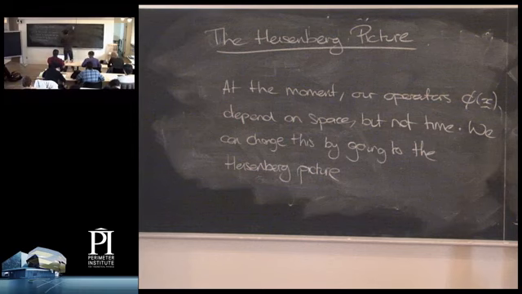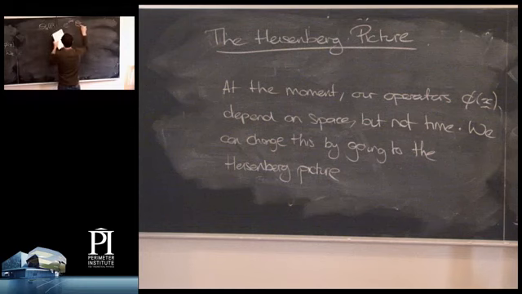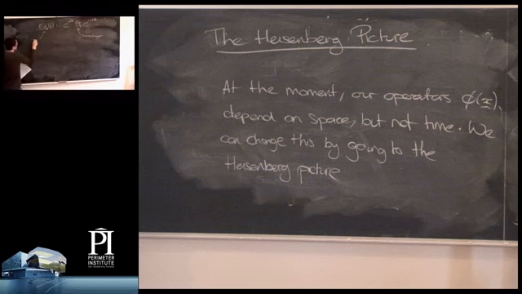Okay, so what's the Heisenberg picture? Remember, for any operator, this is true in any quantum mechanical system, quantum field theory system, this is the operator in the Schrödinger picture. And this is how we define the operator in the Heisenberg picture.